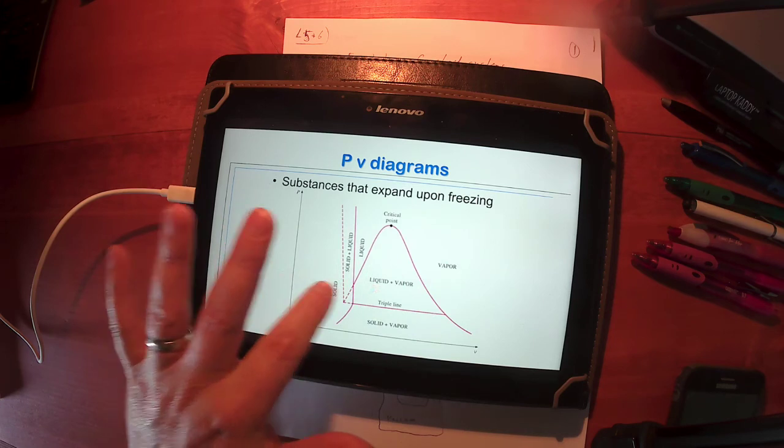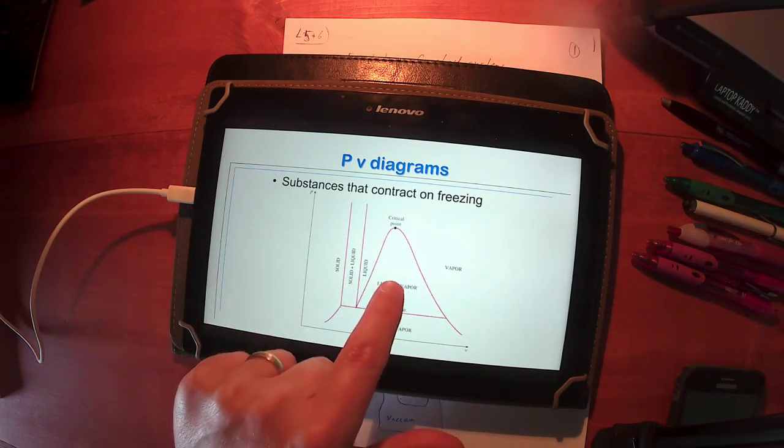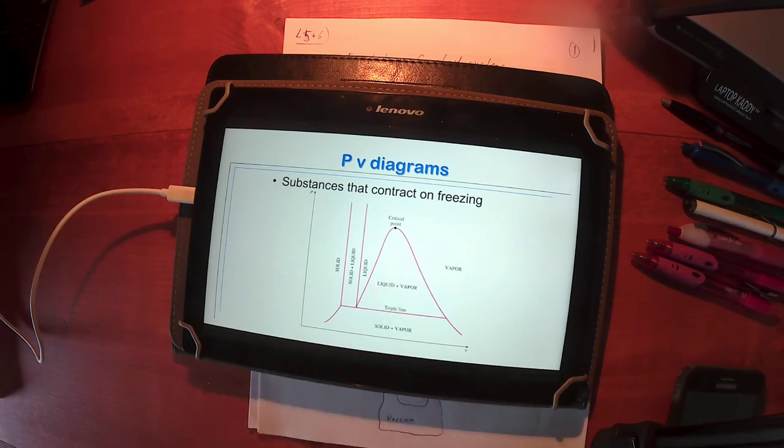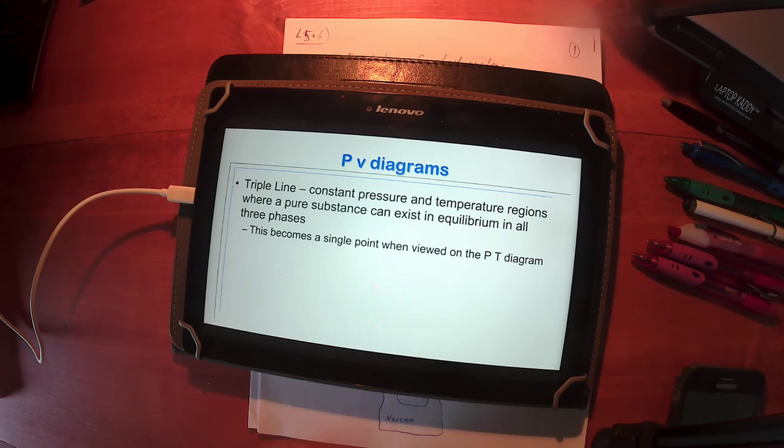Now, just to mention, notice there's this triple line down here between the liquid-vapor and the solid-vapor transition regions. That's just kind of a neat thing to point out. We're not going to do too much with it, but it's neat to mention that there's a constant pressure and temperature where a pure substance can exist in equilibrium in all three phases.